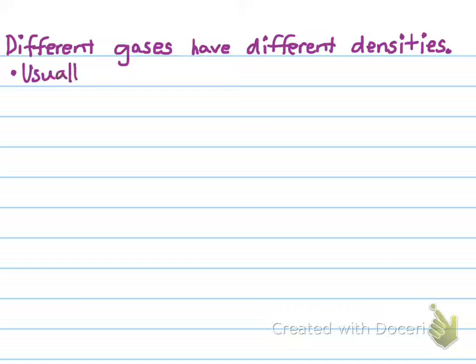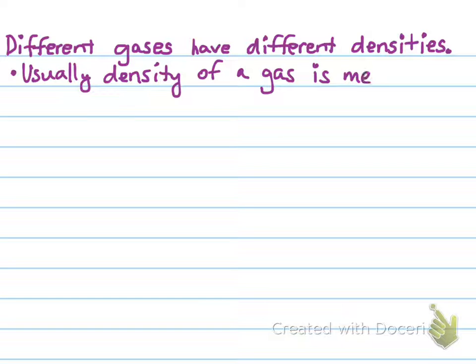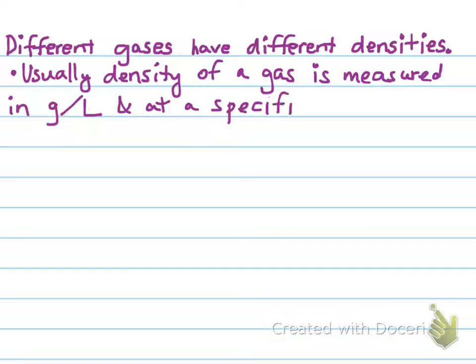Usually, the density of a gas is measured in grams per liter and at a specific temperature. So if your textbook asks you to calculate the density of a gas, you should assume they want it in grams per liter.